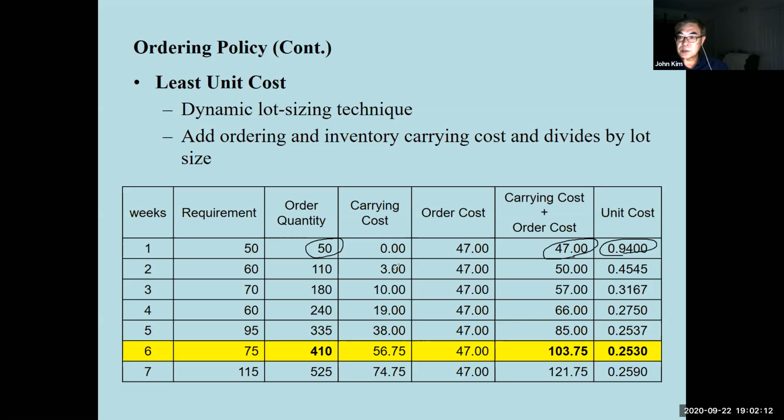With carrying cost of $30 and order cost of 47, the carrying cost plus the order cost divided by order quantity is 0.4545. Among these unit costs, this one is smallest. So if we use this least unit cost rule, then 410 is the optimal order quantity.